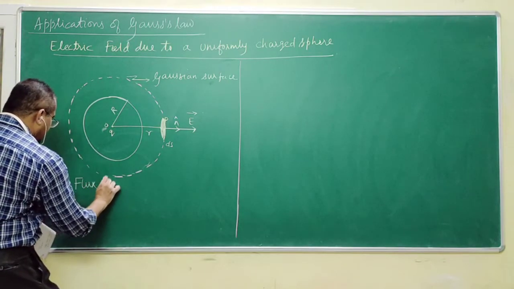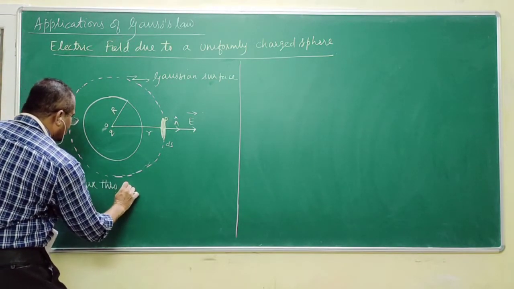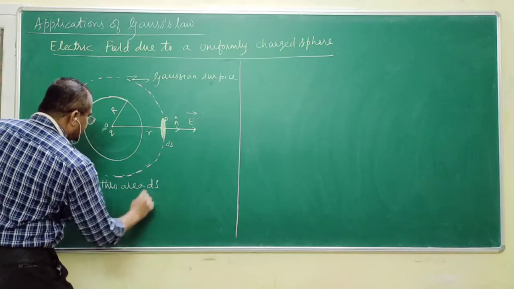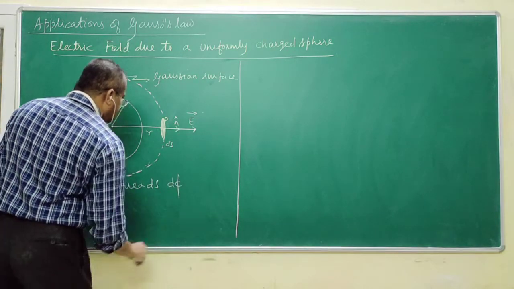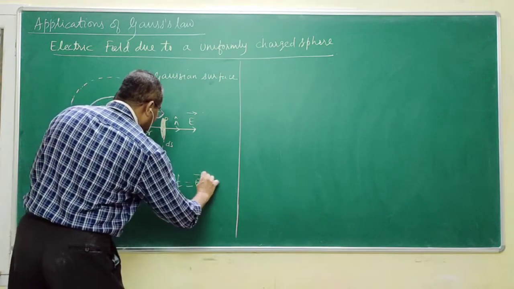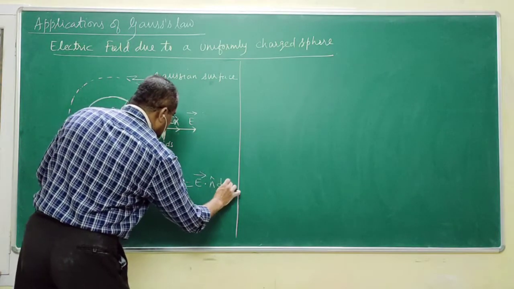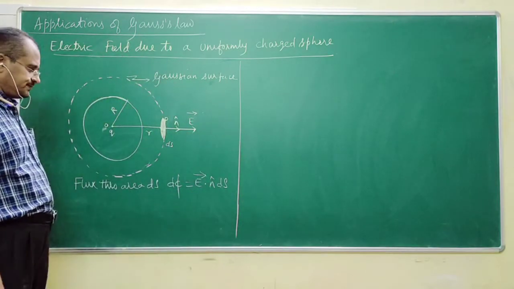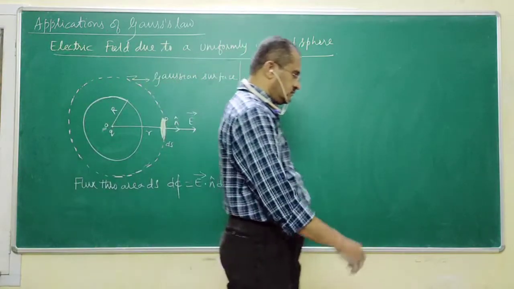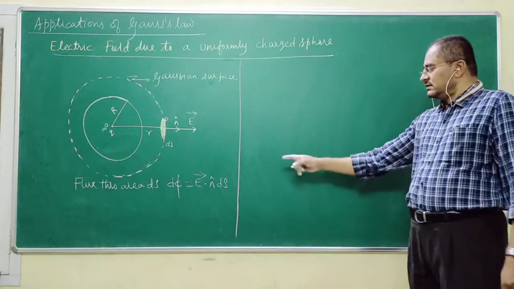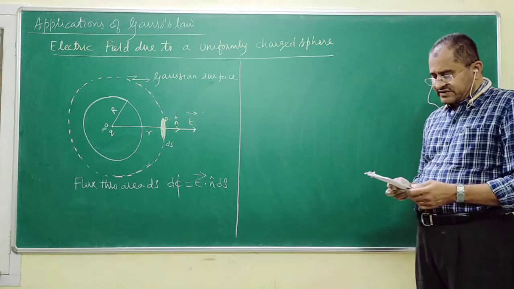Flux through area dS, d phi is equal to E vector dot n unit vector. This previous class we have discussed.